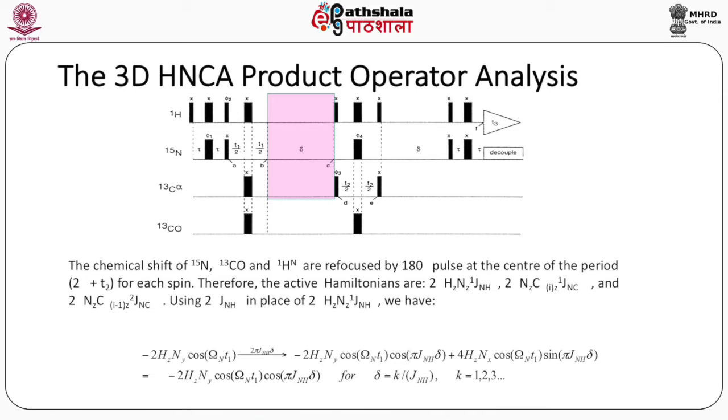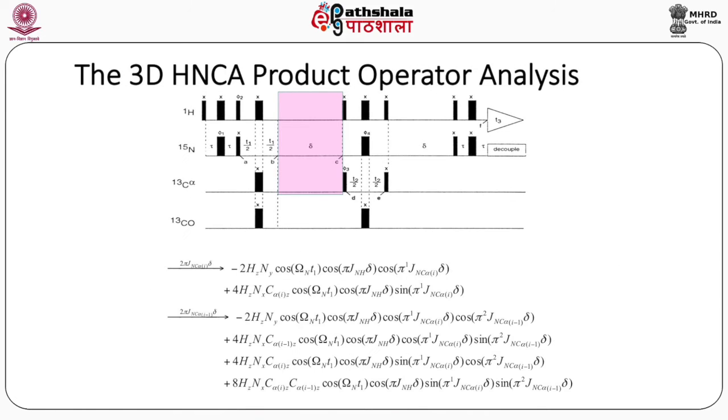Then you have the various expressions, and this yields minus 2 Hz Ny cos omega n T1 cos pi J NH delta, for delta equal to k by J NH, where k is equal to 1, 2 or 3.